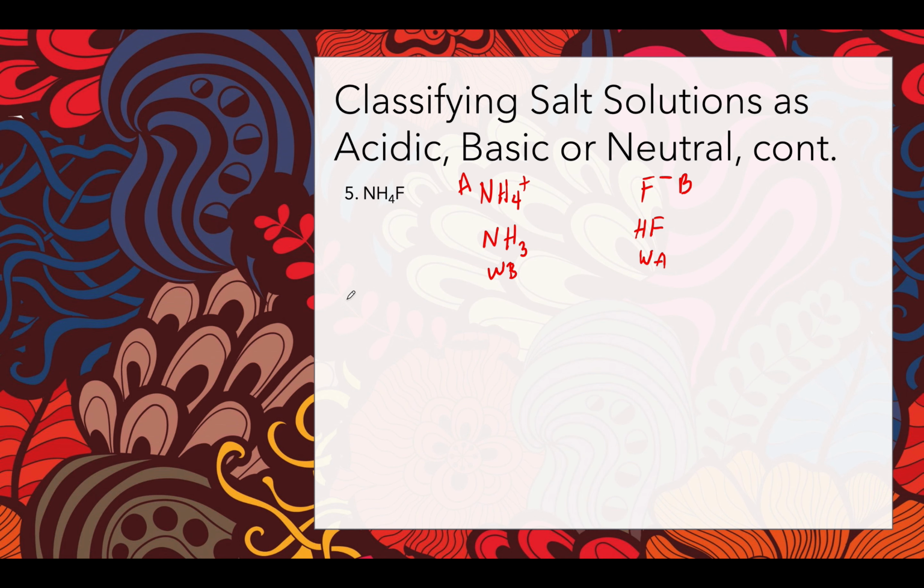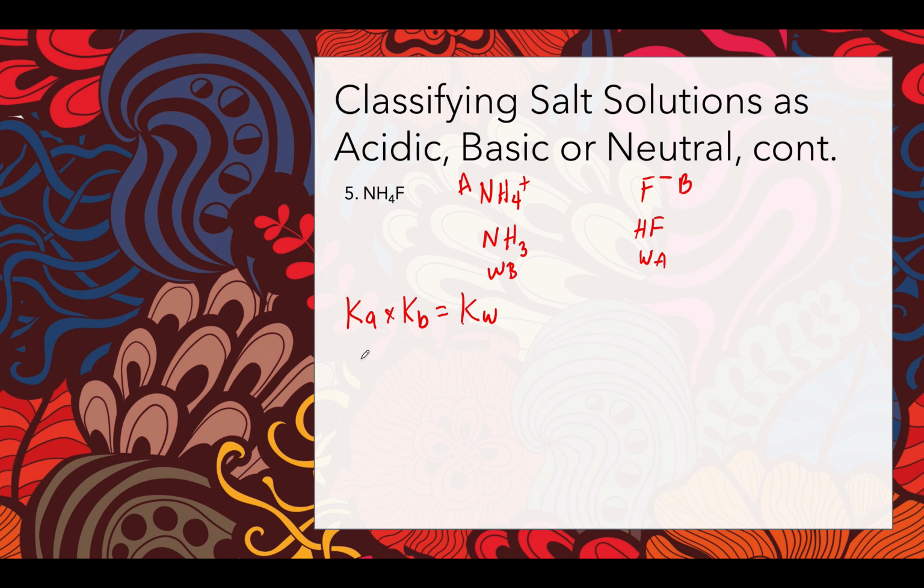But all of this is going to be based on that formula, which was that Ka times Kb equals Kw. And this is a good time to check your memory. Please remember that Kw you don't have to look up, because Kw is always going to equal 1 times 10 to the negative 14th. So we are going to manipulate this equation once to solve for Kb and the other time to solve for Ka.